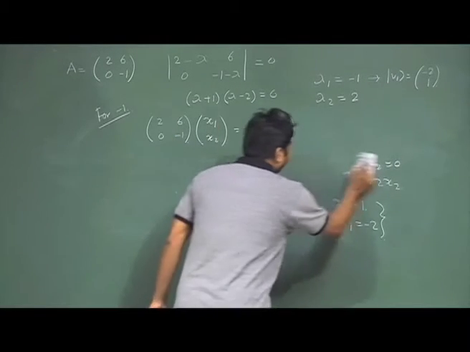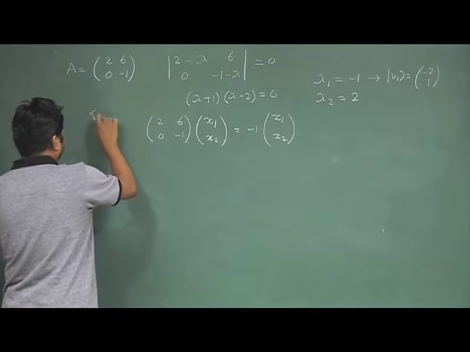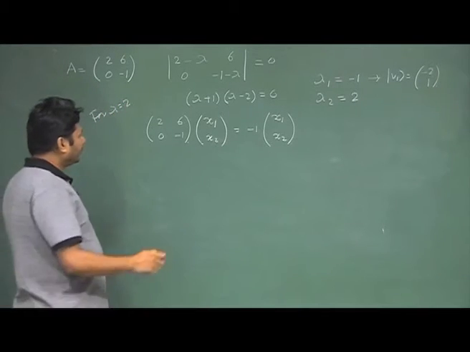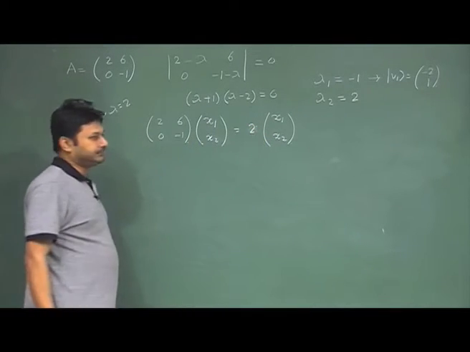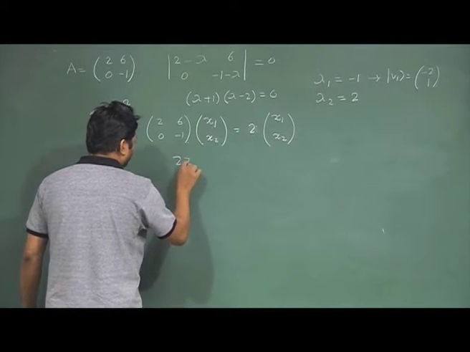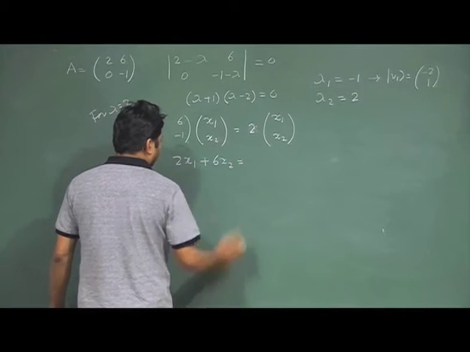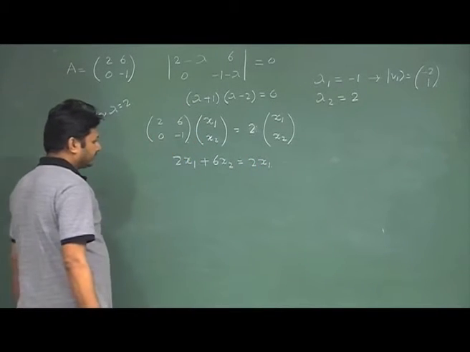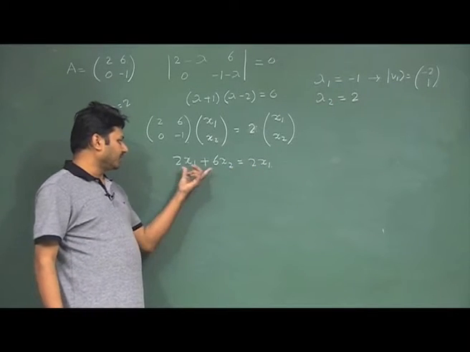Now I will do the same thing for the other, for lambda equal to 2. For lambda equal to 2, I need to replace this with 2. Now I need to calculate once again. So 2x1 plus 6x2 is equal to 2x1. So here x1 cancels out.